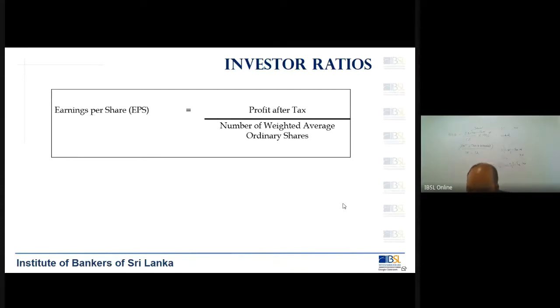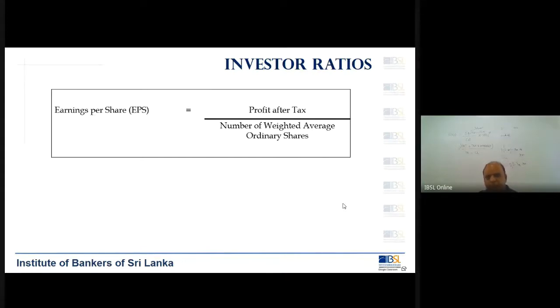Earnings per share is calculated using the profit after tax. You divide that by the number of weighted average shares, and here also we take the ordinary shares. So you have to be very careful. Profit after tax divided by the number of shares.